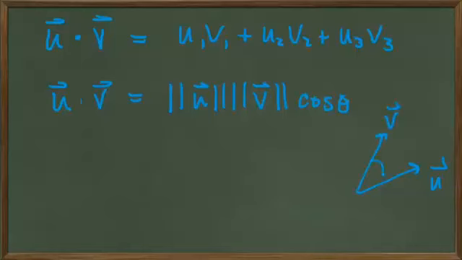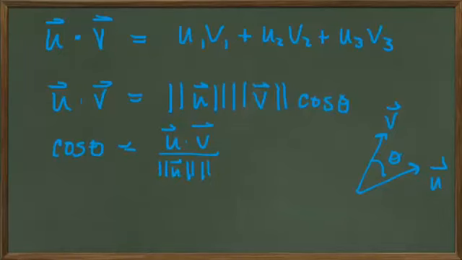Then that angle theta is this angle right here. So one of the primary reasons we like the dot product is it allows us to get the angle between two vectors. So if we rewrite this, cosine theta is u dot v over norm u, norm v, length u, length v, and of course then theta would be cosine inverse of that.